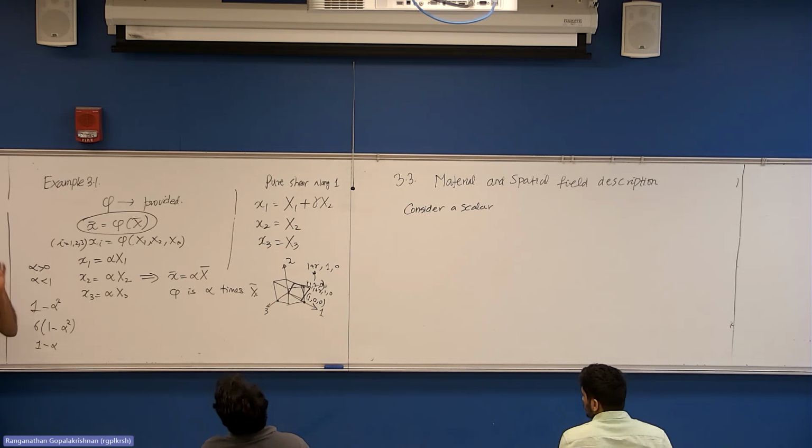Sure, that is distinguishing it from a vector, but with respect to coordinate transformation, how does a scalar behave? So everything is a number, even tensors are numbers. So how do you define scalar?